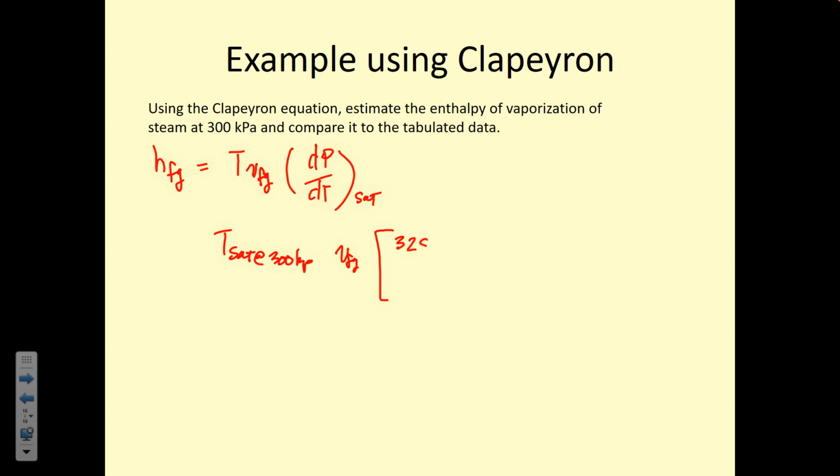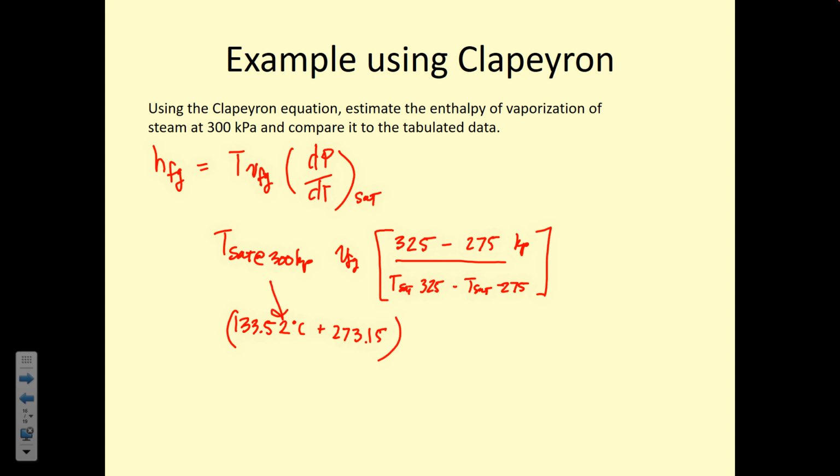So we're going to go from 325 to 275 kilopascals, and Tsat at 325 minus Tsat at 275. So if we go to the table, we look up those values. It's 133.52 degrees Celsius, but we have to convert it to Kelvin, 273.15 Kelvin added, is our Tsat.